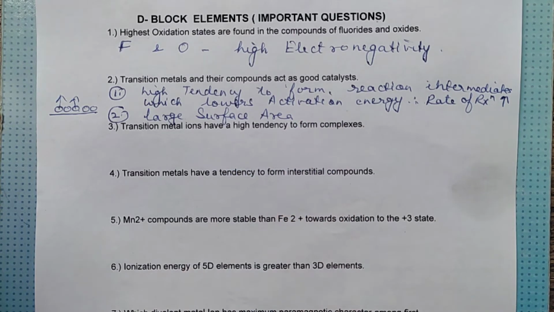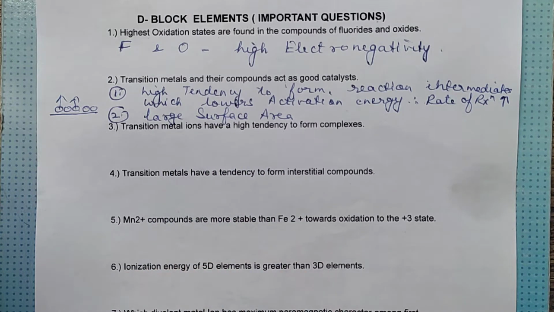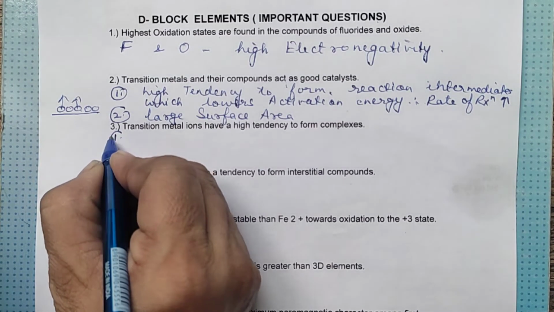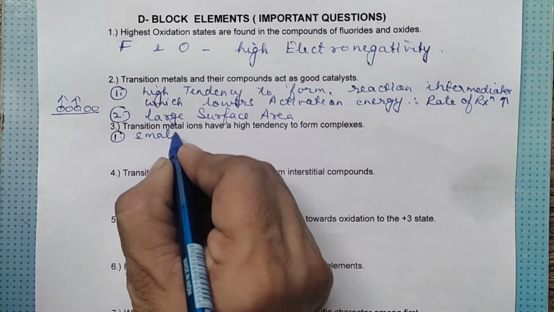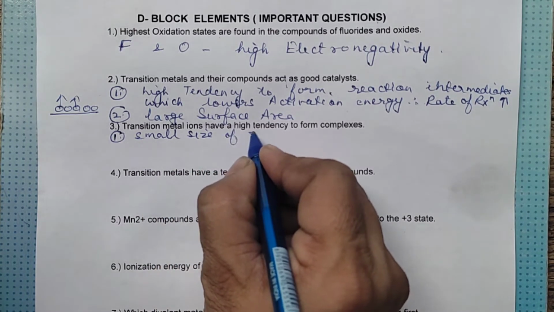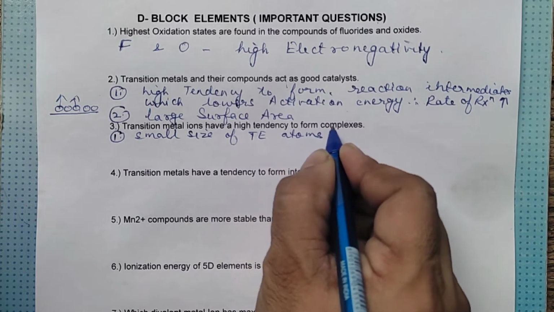The next one is transition elements, metal ions have high tendency to form complexes. Now for this what you are going to write is the first point is the small size of the transition element atoms or ions.